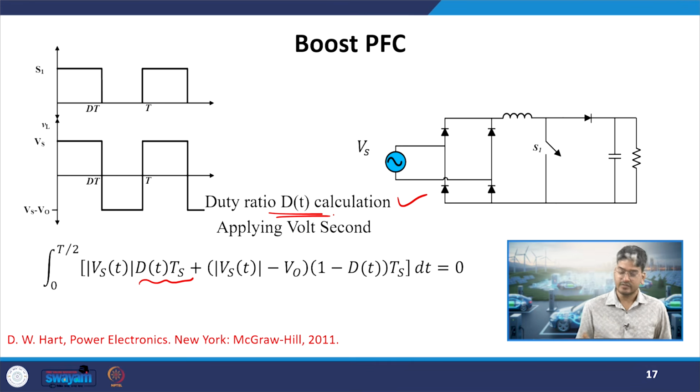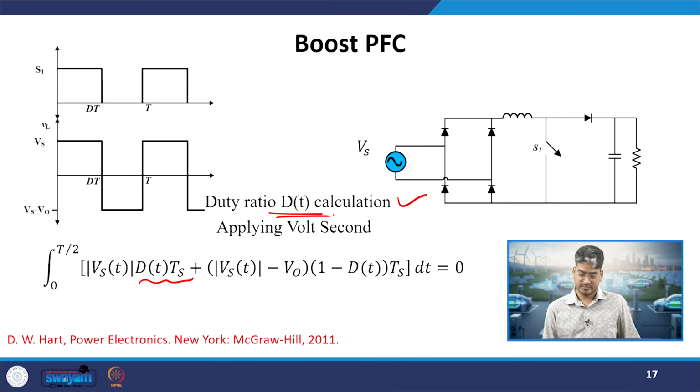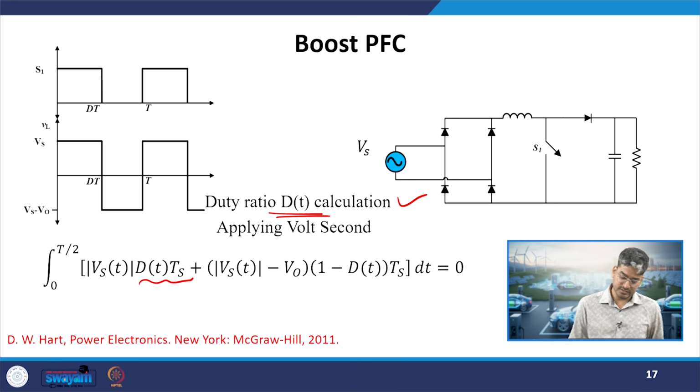Because now d of t is also variable with respect to time. In our DC to DC converter stage, this duty ratio was fixed based on the input and output voltage. But over here, because of the sinusoidal nature, the duty ratio depends on the time at which we are in the cycle. So, near the 0 crossing and at the peak values, the duty ratio will be very different.